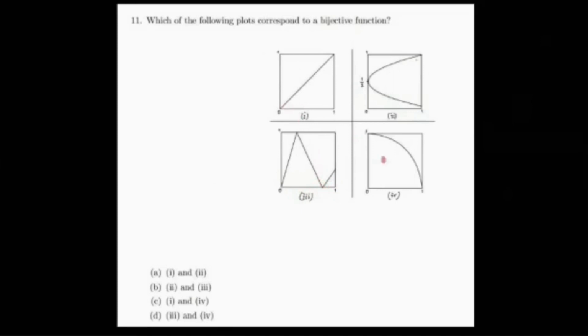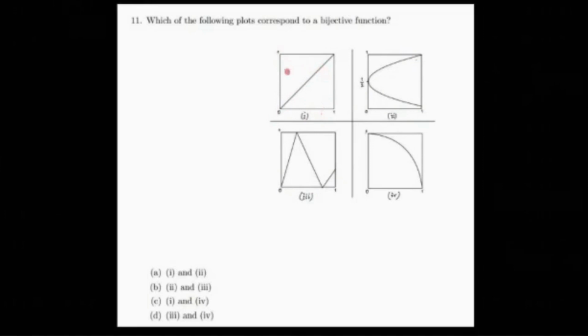Now option 1 and option 4. This one is strictly increasing. So every element here in the 0-1 domain has an image, a distinct image. And if I choose any element from this codomain, from this 0 to 1, and try to produce a pre-image of it, I can do that.